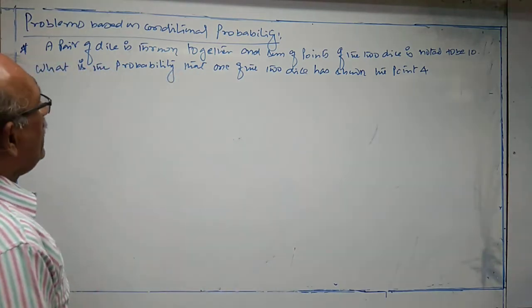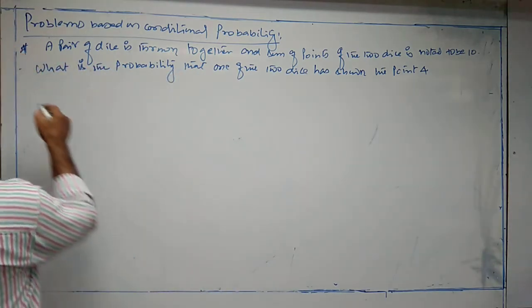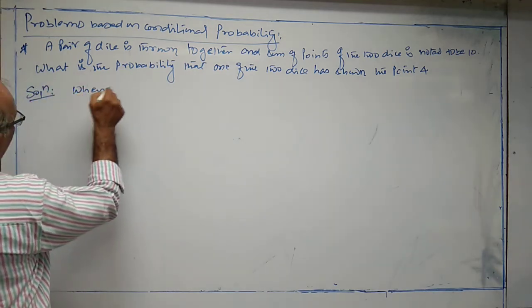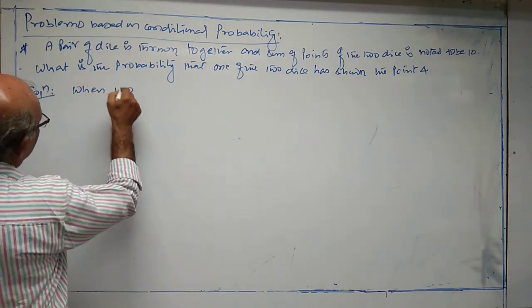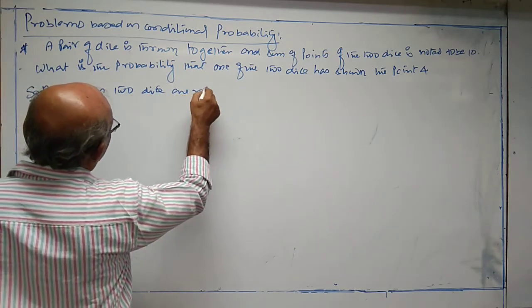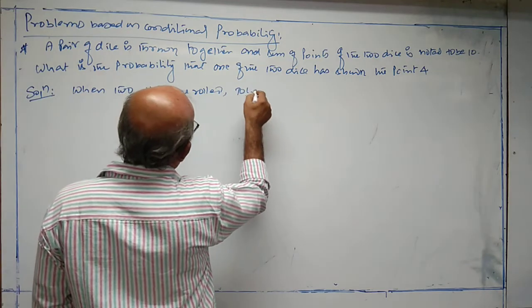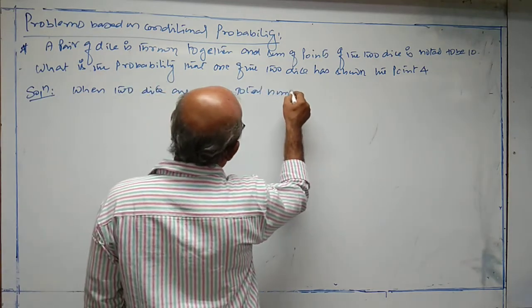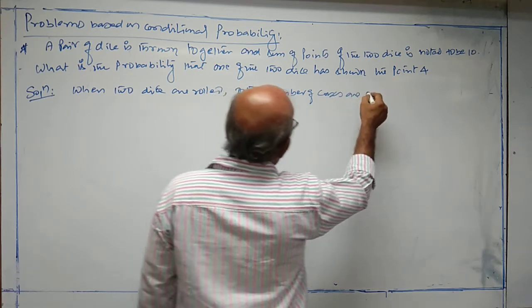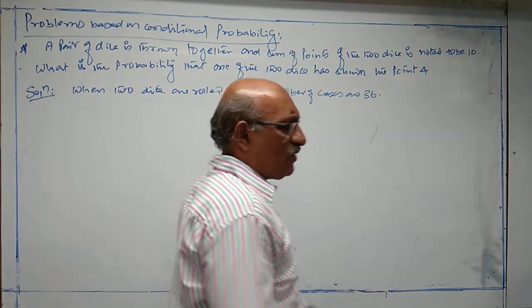Look at this, a pair of dice is thrown. When two dice are rolled, total number of cases are 36.